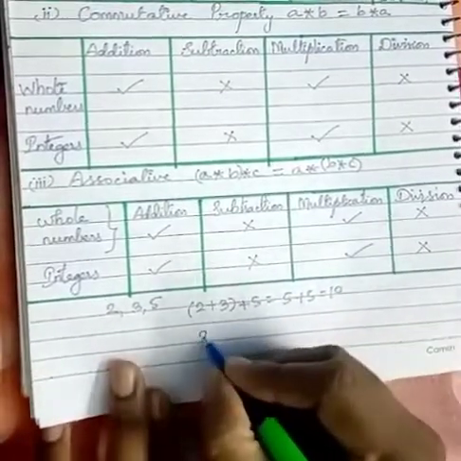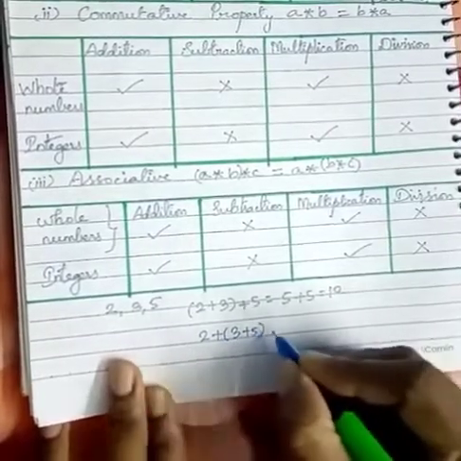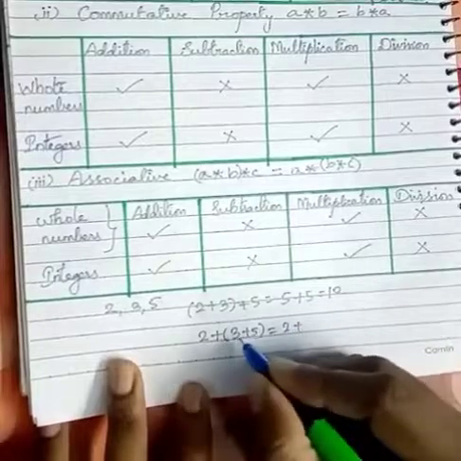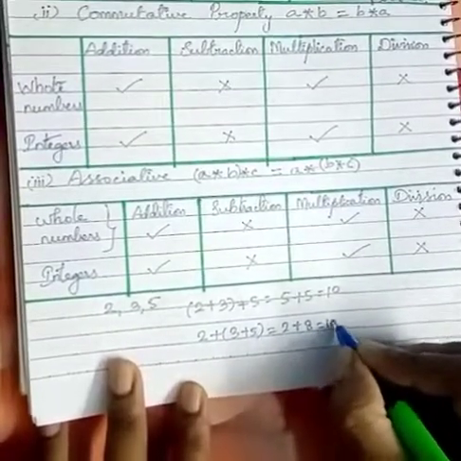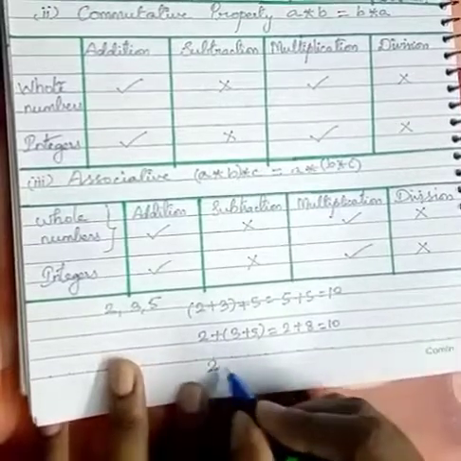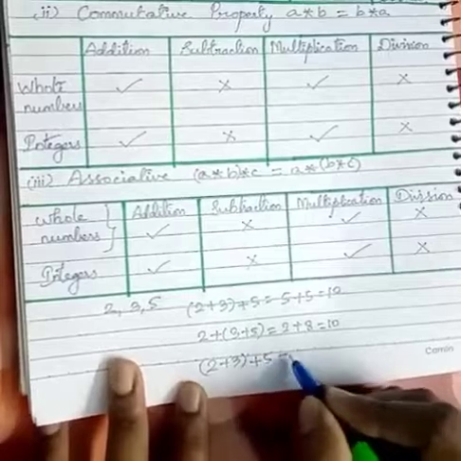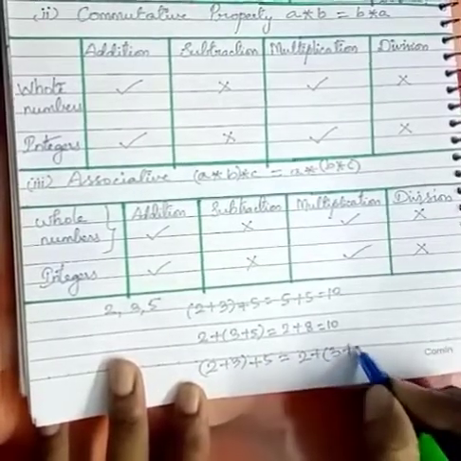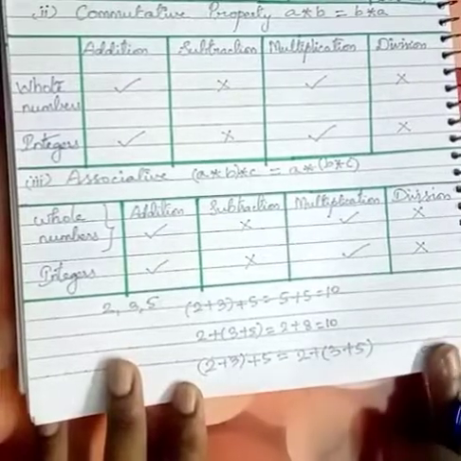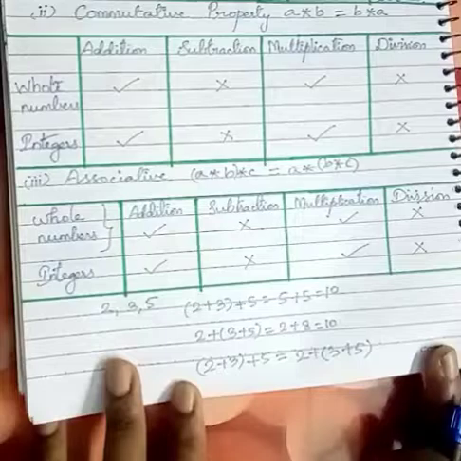Now consider 2 plus (3 plus 5). What is 3 plus 5? It is 8. So 2 plus 8 is 10. Here (2 plus 3) plus 5 is equal to 2 plus (3 plus 5). So associative property is satisfied under addition for the whole numbers.